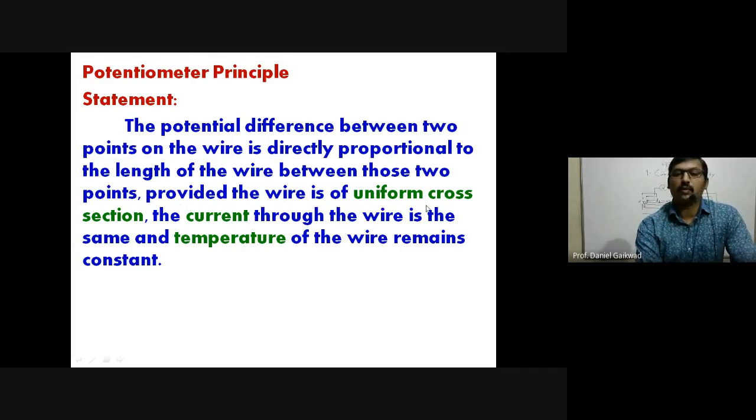Wire is of uniform cross section, the current through the wire remains the same, and temperature of wire remains constant here. So there are three factors that should remain constant. Wire should have uniform cross section, current should remain constant, temperature of wire should remain constant. In that case, potential difference is directly proportional to length. So this is the principle of potentiometer.